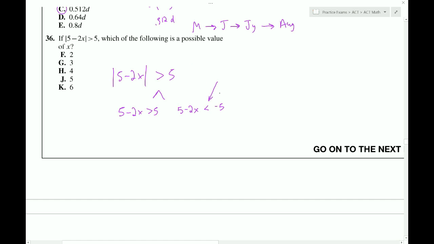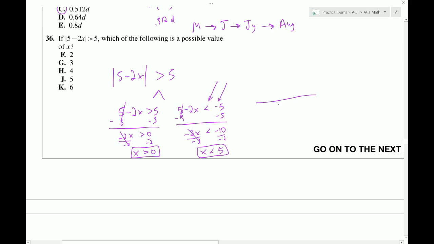So both of these things switch. Now, we solve this by subtracting 5 from both sides, and we get negative 2x is greater than 0. Then we divide by negative 2, and we find that x is greater than 0. From here, we subtract 5 from both sides. We get negative 2x is less than negative 10. Divide by negative 2, and we find that x is less than 5.